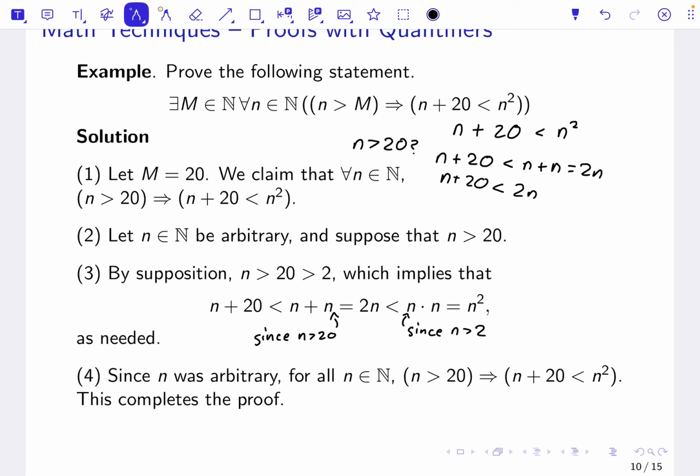And then n times n equals n squared. We ended up getting our original inequality from all this mess. And that concludes the proof. Sorry, it completes the proof.